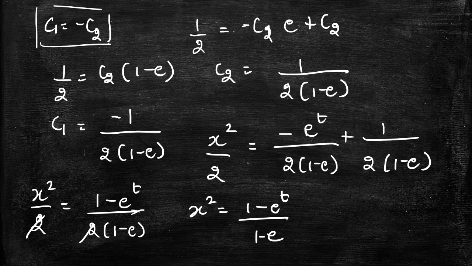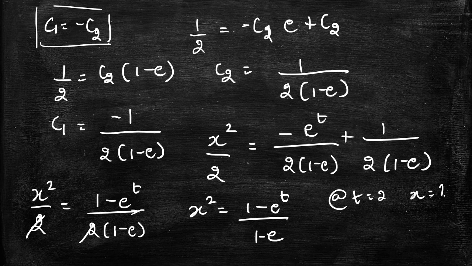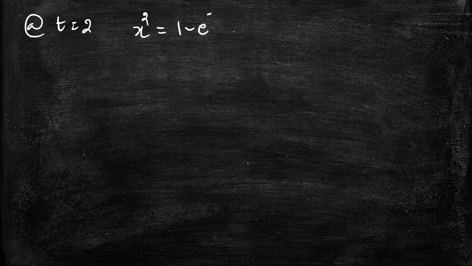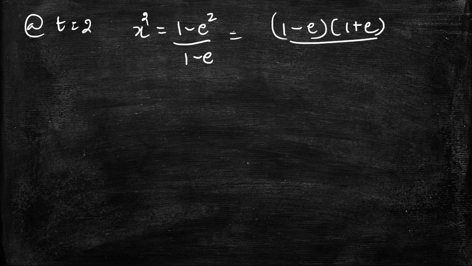Now we'll have to find at t is equal to 2 what is x. So x square over here will be 1 minus e square by 1 minus e, which can be written as 1 minus e into 1 plus e, just a square minus b square formula.